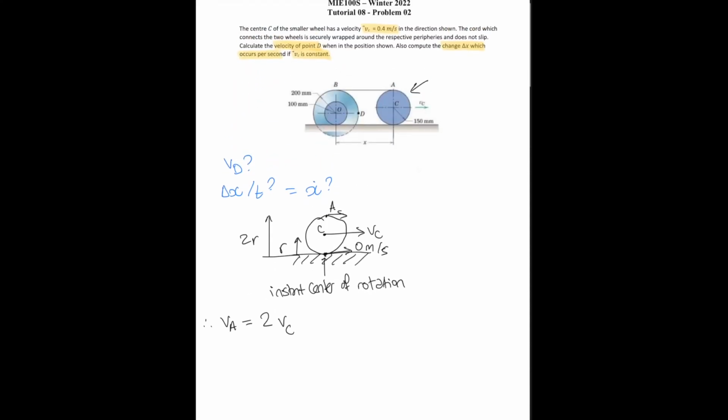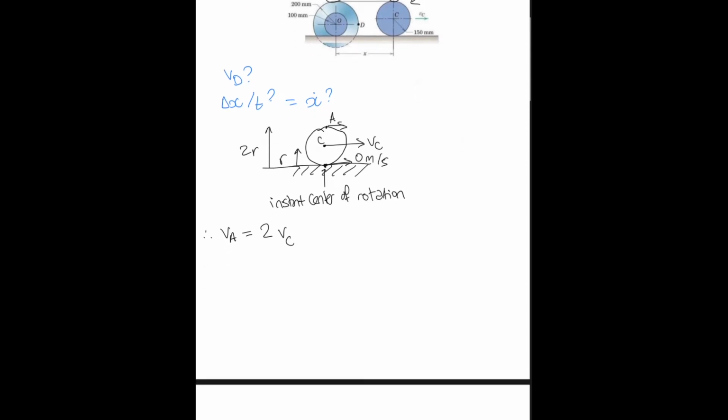And since A and B are connected by a cable, or by a cord, we can also confidently say that VA is going to be equal to VB.